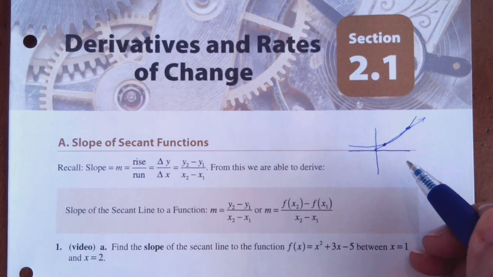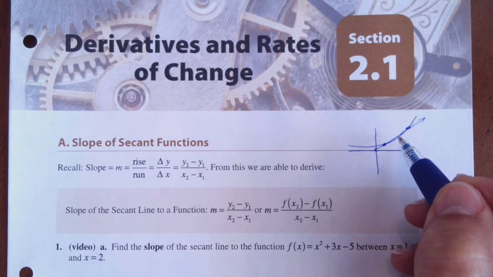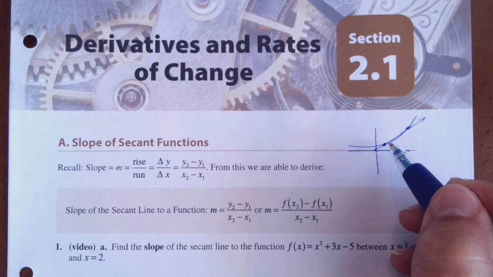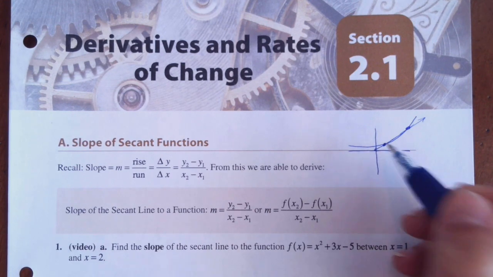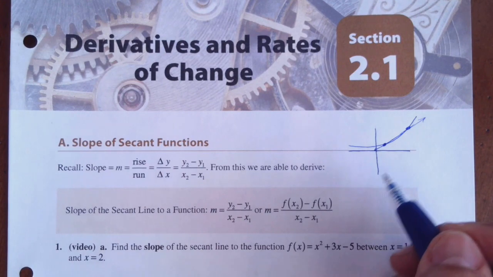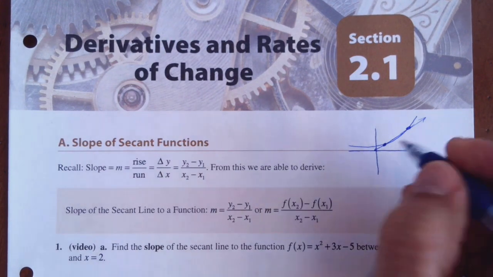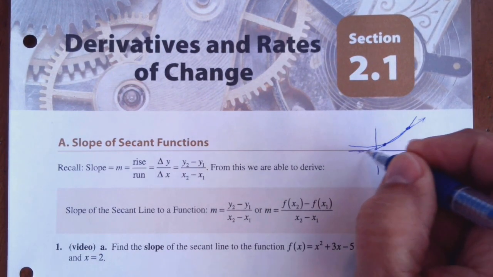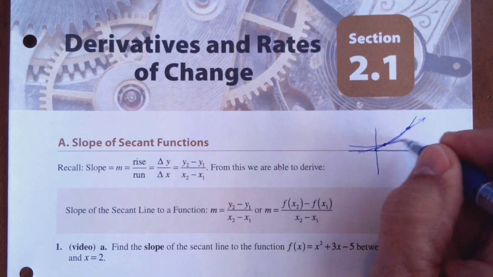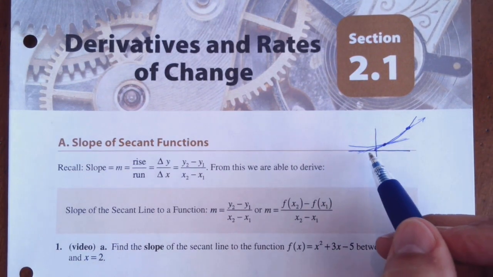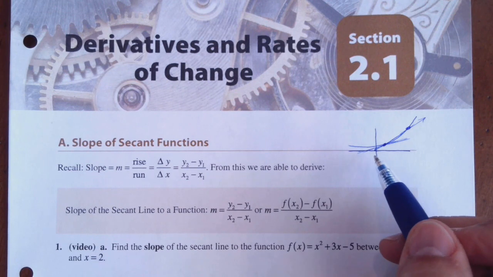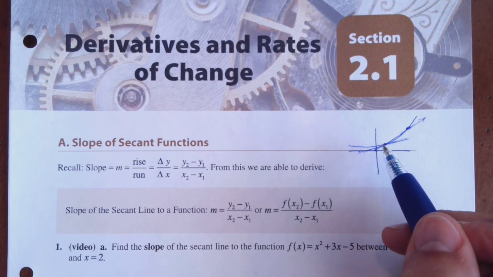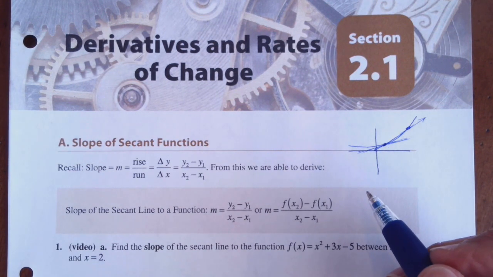And the whole idea of this section is that the closer we can get the 2 points on the curve to be, the closer we can actually find the slope of a tangent line, which would be just a line that goes through 1 point, okay? Because right now in algebra and all the classes you've had, we don't have a way to find the slope at 1 point. So that's what today's lesson is about.